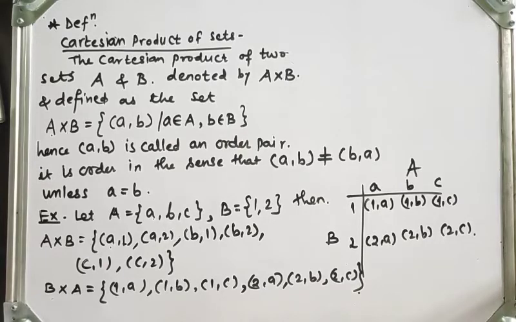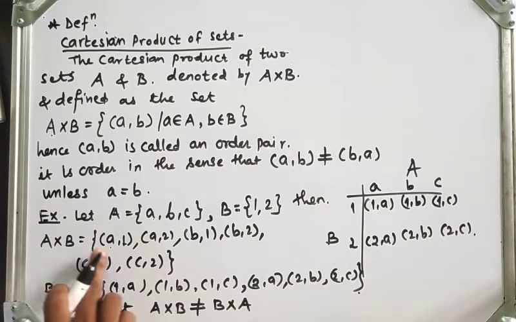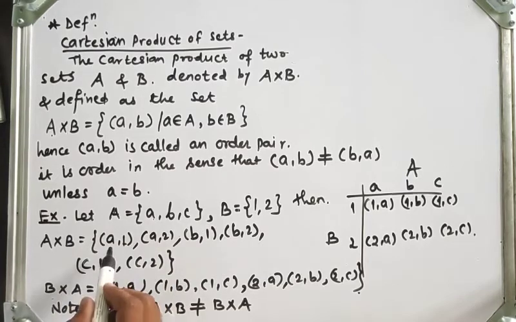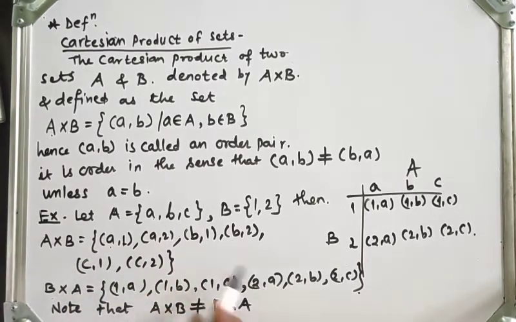Now note that A cross B and B cross A are not the same, because every pair is an ordered pair. Here is A1 and here is 1A, which are not the same. Therefore A cross B is not the same as B cross A.